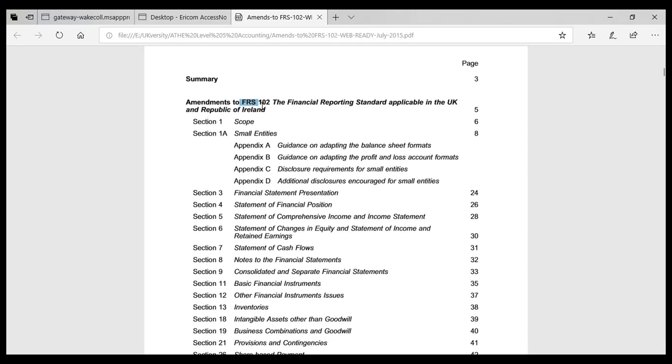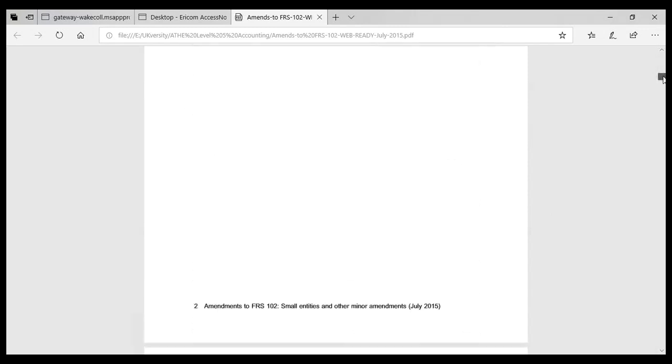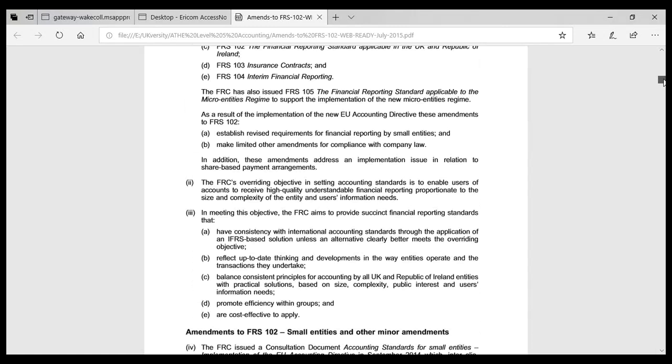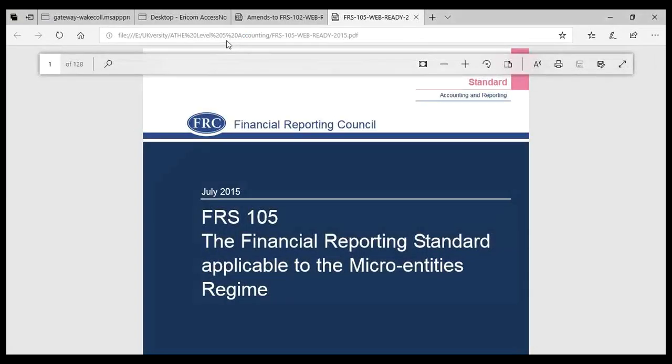So FRS 102 is a financial reporting standard applicable in the UK and Ireland, all about how we present, prepare and report different elements in the financial statements. Next we look at Financial Reporting Standard 105.